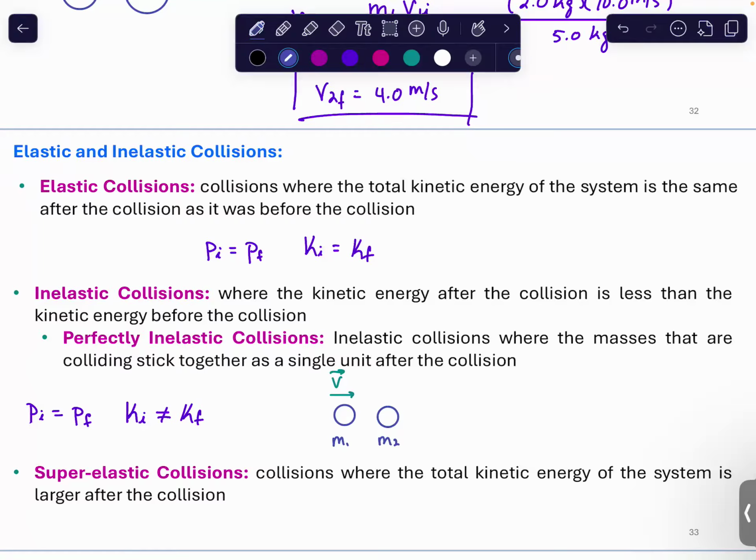One of them is moving, the other one's sitting still. After the collision, they stick together and now they're moving as a single unit. So that's what we mean by a perfectly inelastic collision.